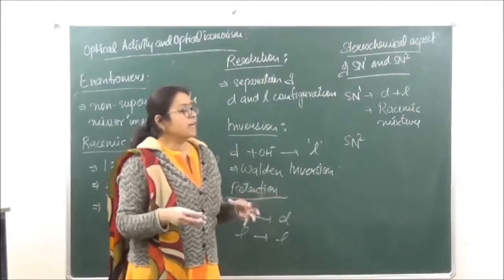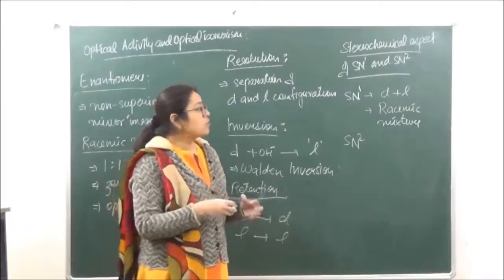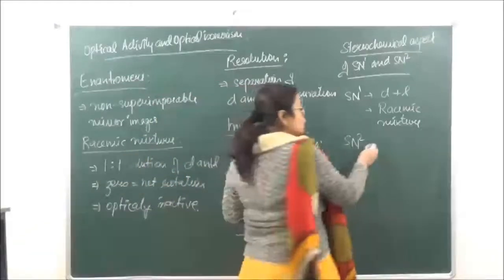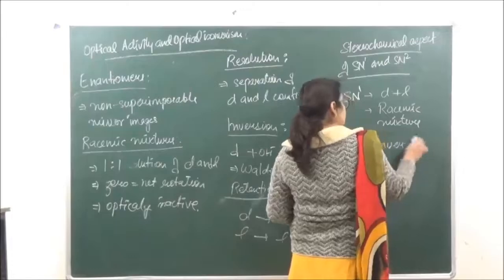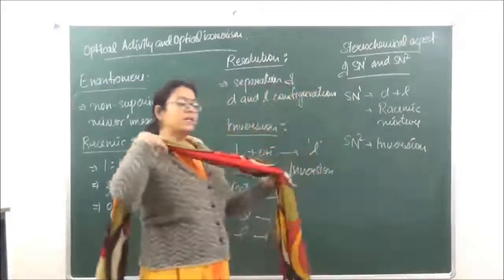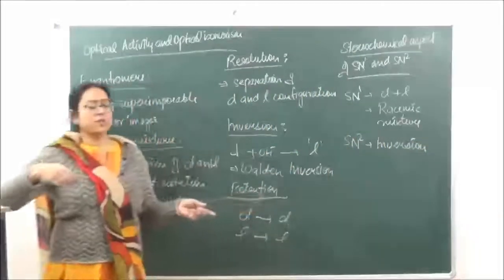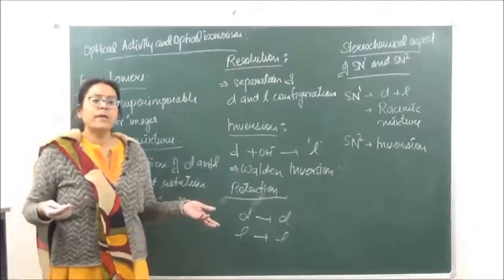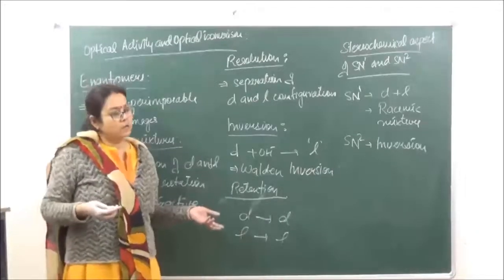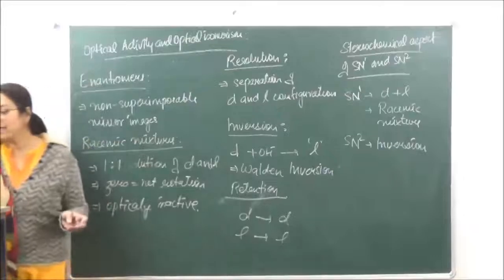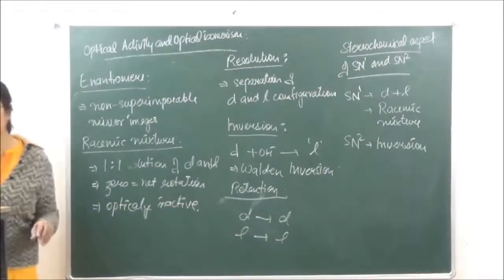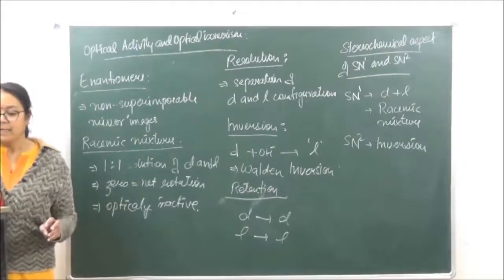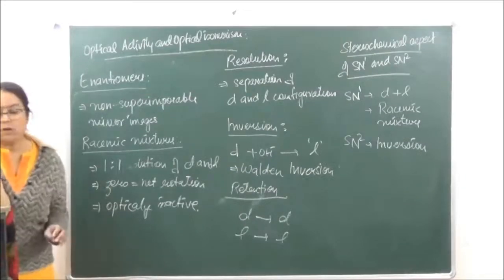Because it was attacking from the backside, this is going to result in inversion of configuration. So we are starting the reaction with D configuration over here, and the product which we are going to get is going to be L. So SN1 mechanism proceeds with racemization, and SN2 mechanism proceeds by inversion of configuration.